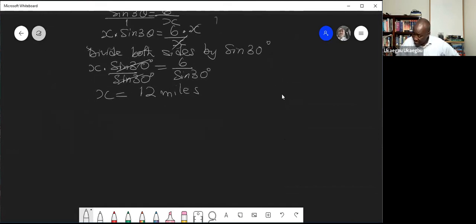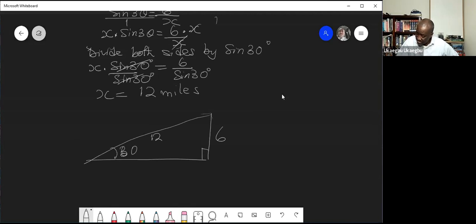So we had this. We had our horizontal. We had the altitude, which is 6. And then we had the distance, which is 12. We had 30 degrees right here. This is 90.